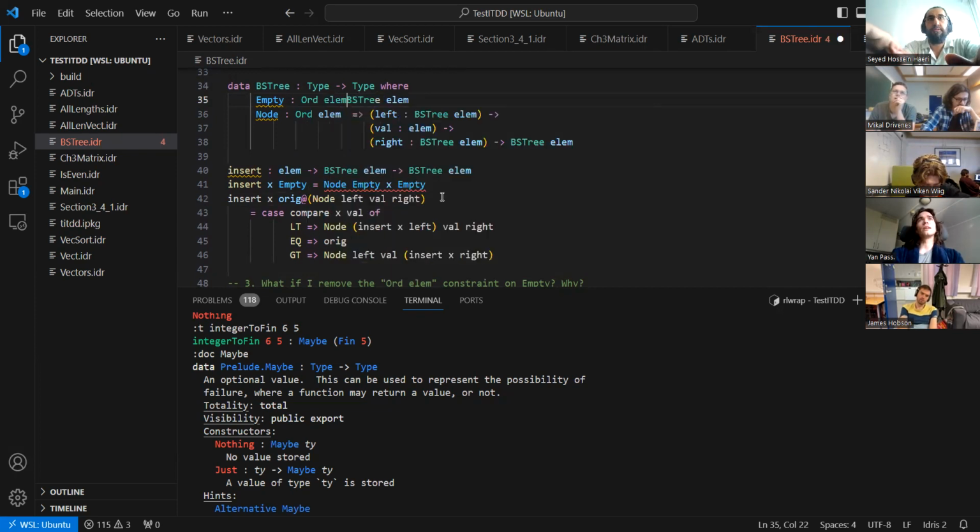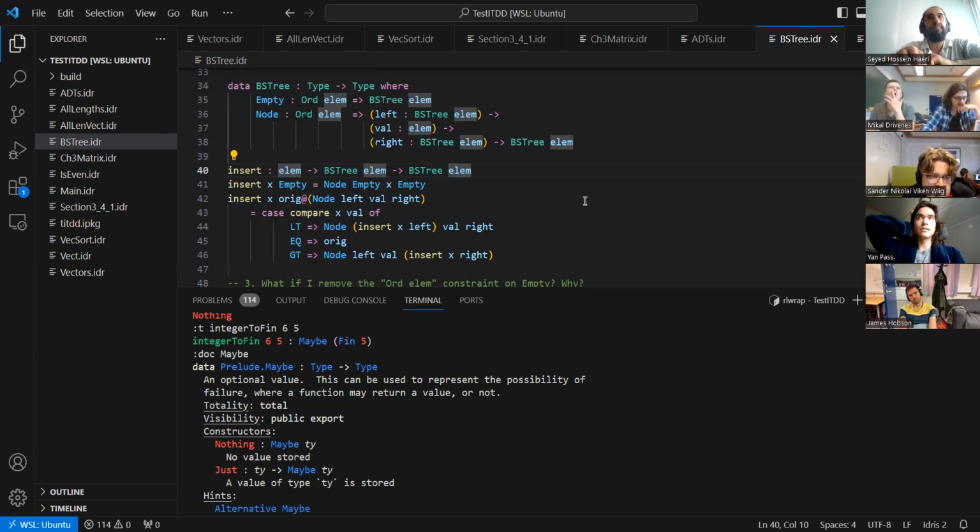I thought all the way at the top that we make the BS tree depend on Ord. Right, I see. So you're speaking about here. Oh, sorry, my screen went black. Let me give you the line number, 34. You change out the first type with a value that's an Ord. Have a play around with that. Okay, it doesn't like that.